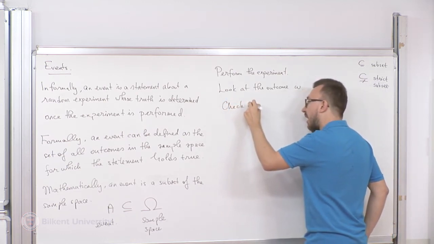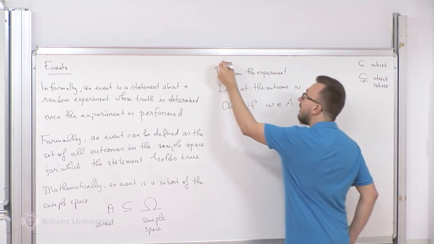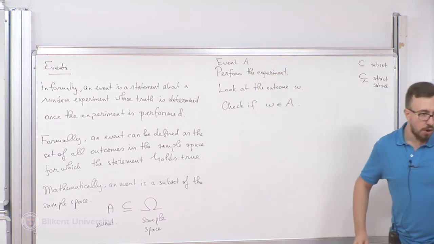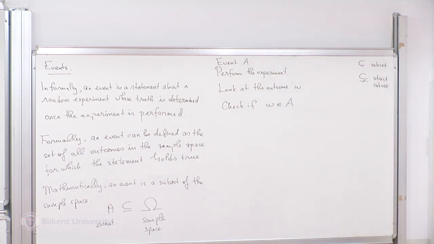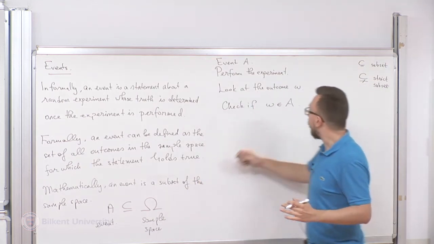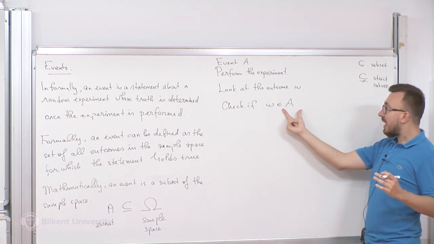Check if omega is in A. So let's say you have an event A, okay? So how are we going to decide if the event occurred or not? Perform the experiment, look at the outcome. Let's say it is omega. Now check if omega is an element of the set A. Because formally or mathematically, A is a subset of the sample space. So if you know omega, you should be able to tell me if it is an element of A or not.